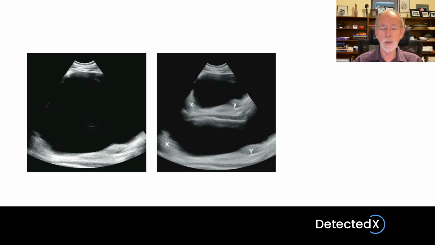So it's the format of the curved probe means that the depth dimension of the artifact echoes is correct, but the width has been scaled to a smaller size because of the way the scan lines radiate when this image is formed. So the scan lines are not parallel, and therefore the artifact echo is a copy of the rear wall but scaled laterally because of the diverging scan lines.